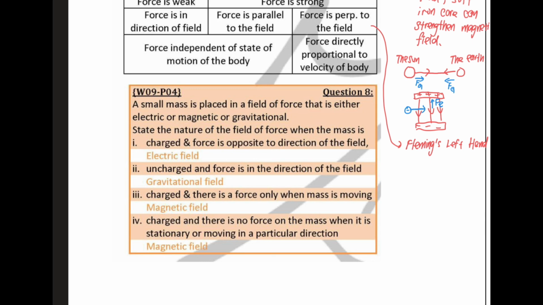So imagine that F equal to BQV. It has charge, so Q. And there is no force when the particle is stationary. That means they are trying to say when V equal to 0, then F is equal to 0. So this is magnetic force.